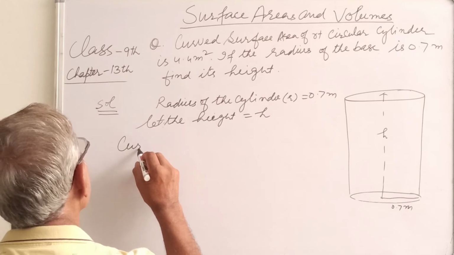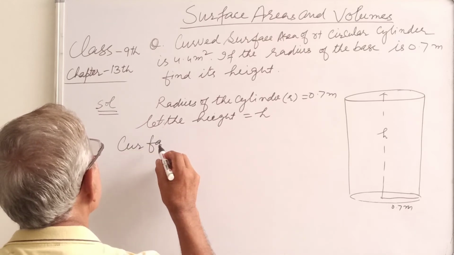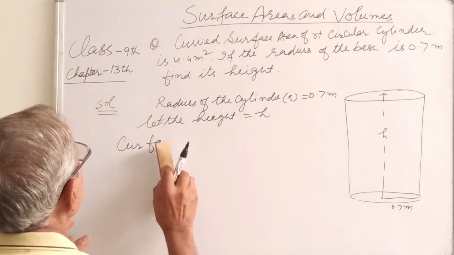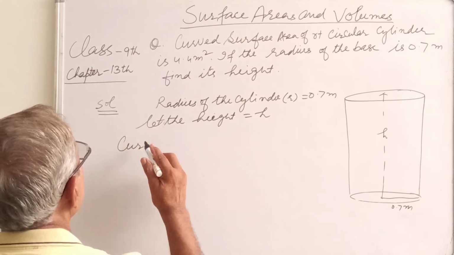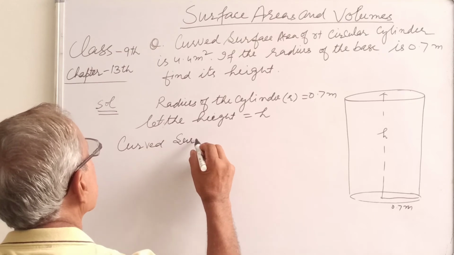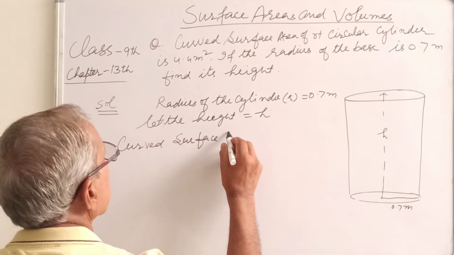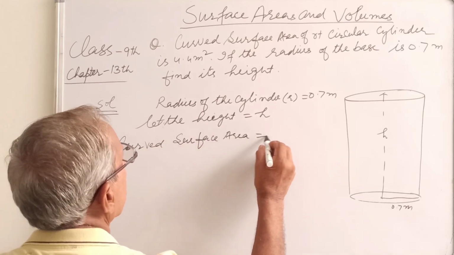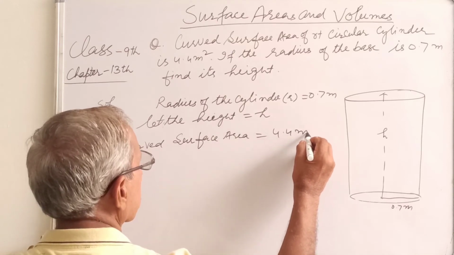Curved surface area is 4.4 meters square.